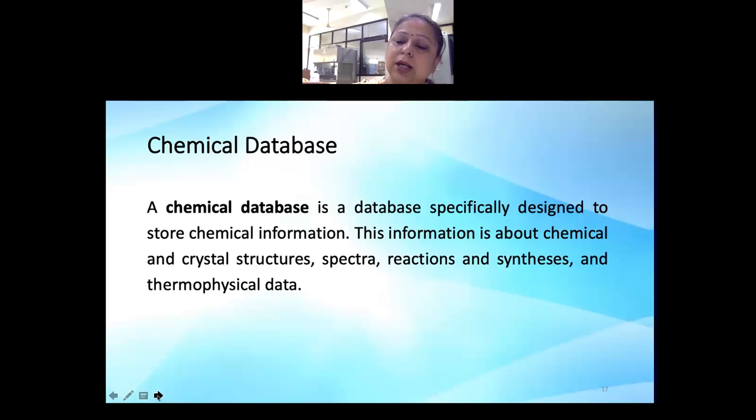So if you want to design a drug, you can download the chemical structure of a chemical compound from here, the crystal structure, how it looks like in 3 dimensions, the spectral characteristics identified by experimentalists, the reactions and synthesis procedure that it has undergone, how to synthesize it, or what to synthesize more from it. Both the knowledge is contained in the database, and its thermophysical data.